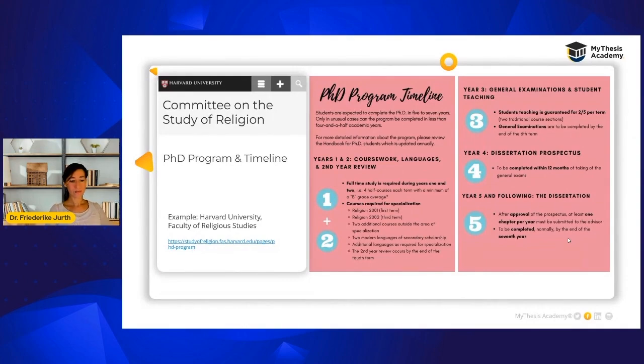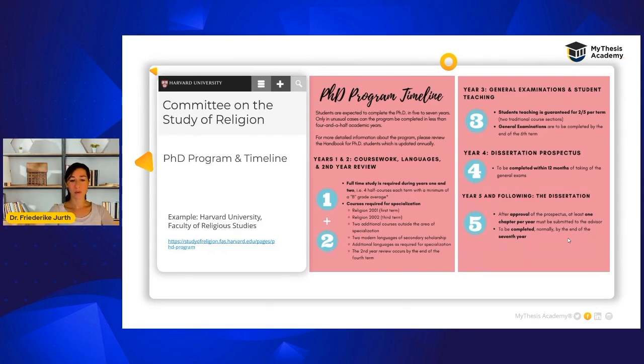So now I have a third example for you where you can see the PhD program and the timeline from the example of Harvard University, from the Faculty of Religious Studies.